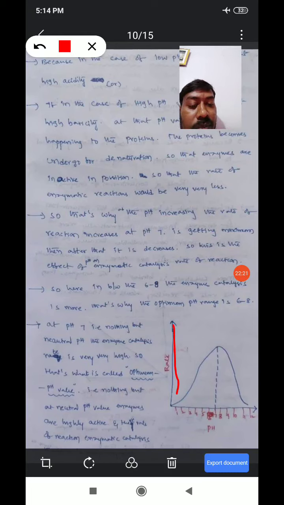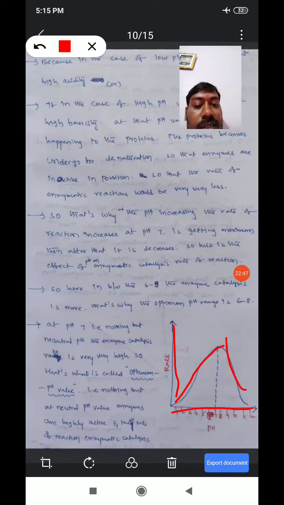Here this is the y-axis, this is the x-axis. On the x-axis we are taking pH, and on the y-axis the rate of reaction. Increasing the pH, the rate of reaction increases up to a certain limit, that is pH 7, where it gets maximum, and after that it decreases.